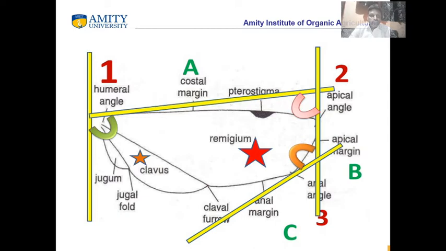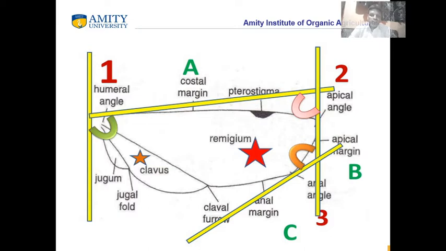So this is the structure of the wing, a triangular structure. There are three margins, like three sides of a triangle. The costal margin is the first longitudinal vein, the apical margin and the anal margin.